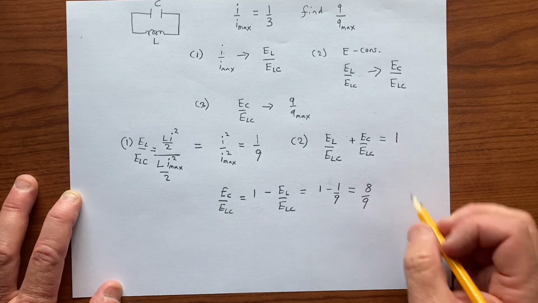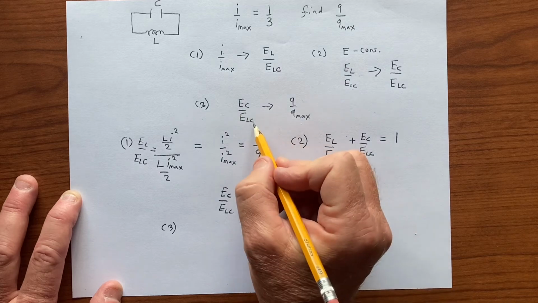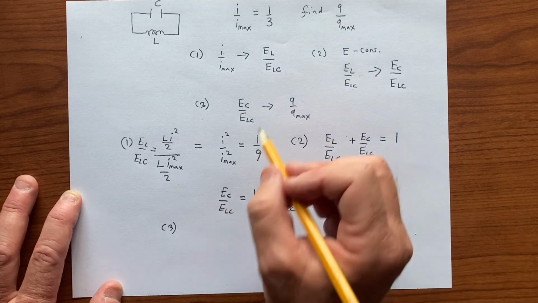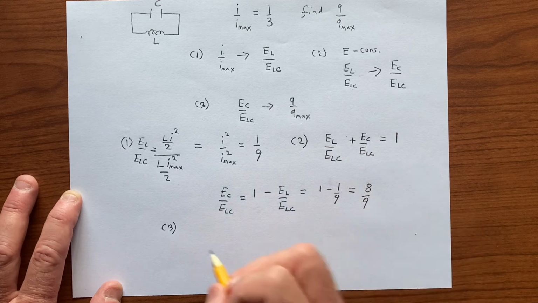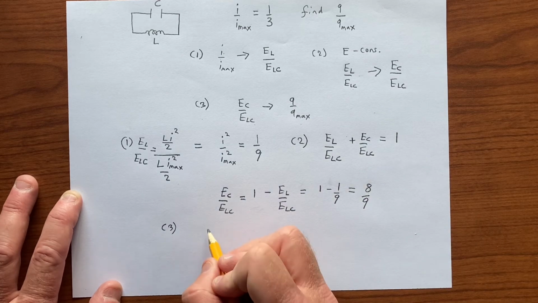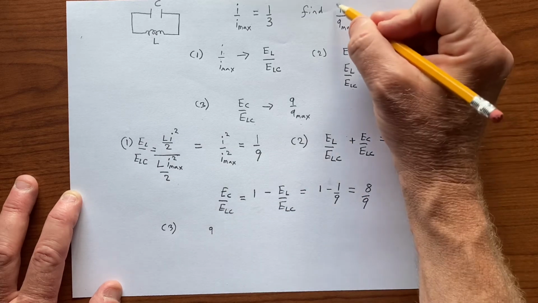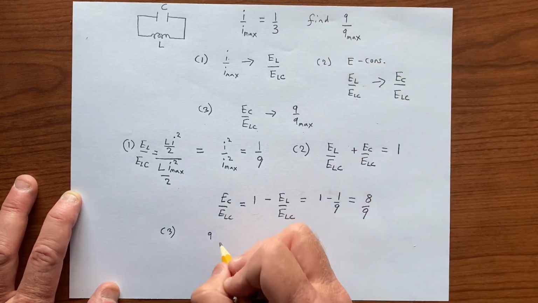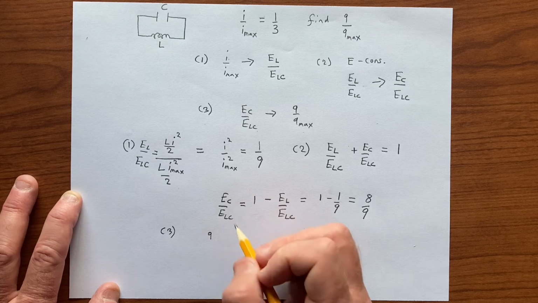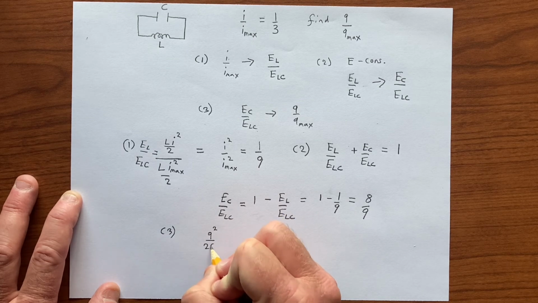And now the last step, which is going from EC over ELC to Q over Q max. So EC over ELC, which is 8/9, can be written in terms of, because we're looking for this ratio, something in terms of Q and Q max. So we'll write the energy EC in terms of Q, and that's Q squared over 2C.